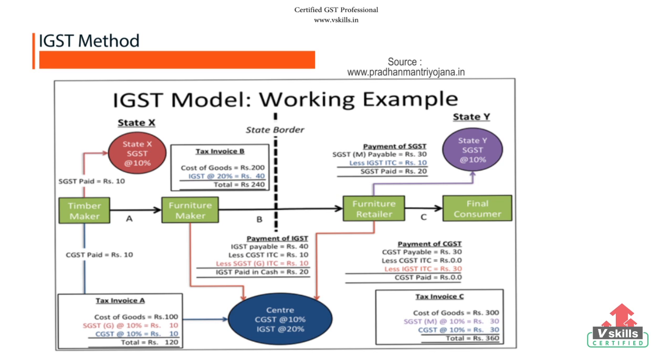The importing dealer will claim credit of IGST while discharging his output tax liability, both CGST and SGST, in his own state. The center will transfer to the importing state the credit of IGST used in payment of SGST. Since GST is a destination-based tax, all SGST on the final product will ordinarily accrue to the consuming state.